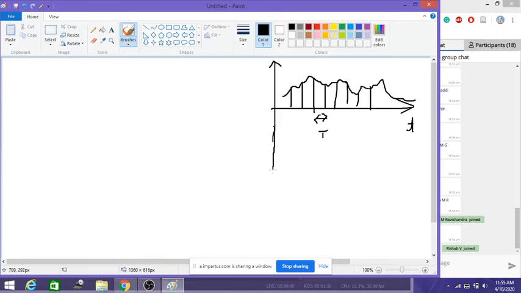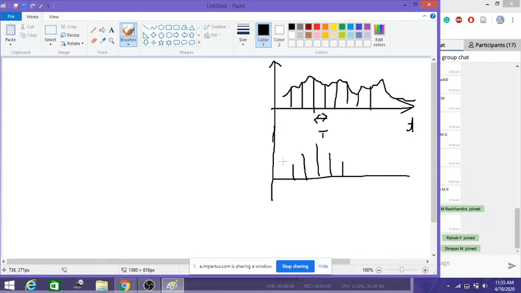If I plot these samples here, I'll get something like this. So this is in the discrete form with different magnitudes. Then we will do quantization and coding, and after coding it means we have converted our continuous time signal into a digital signal.